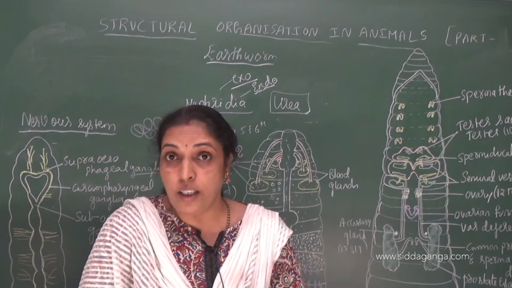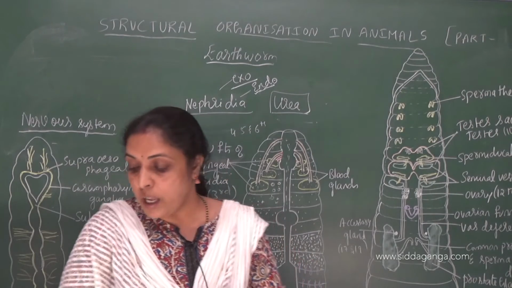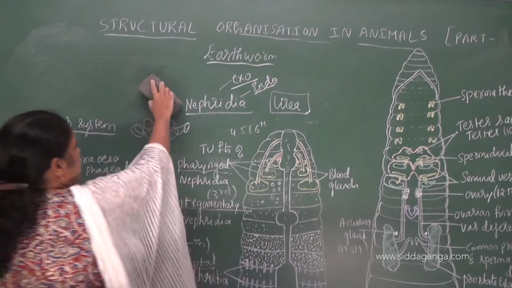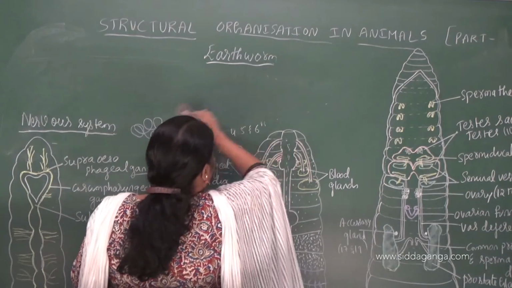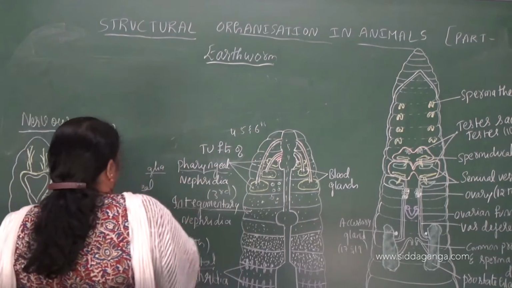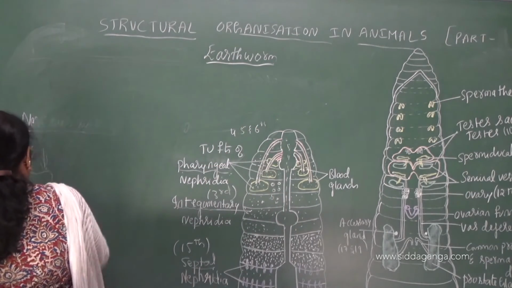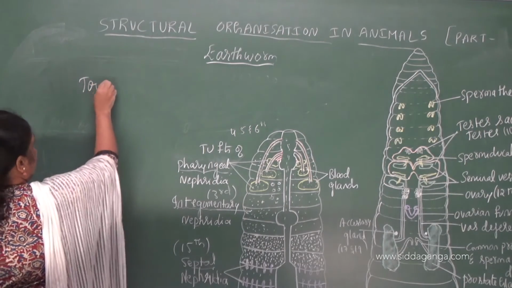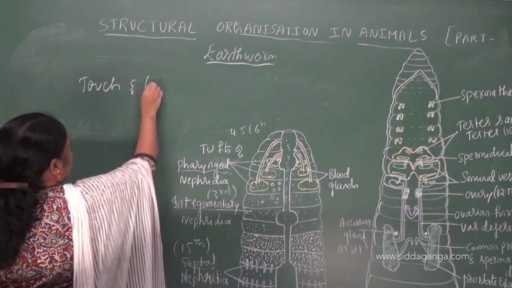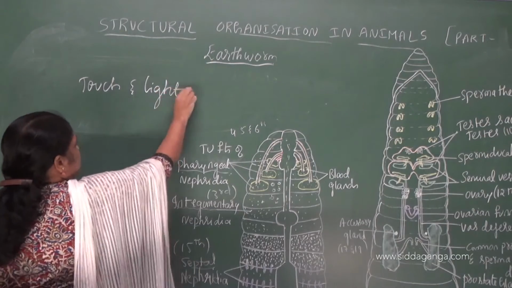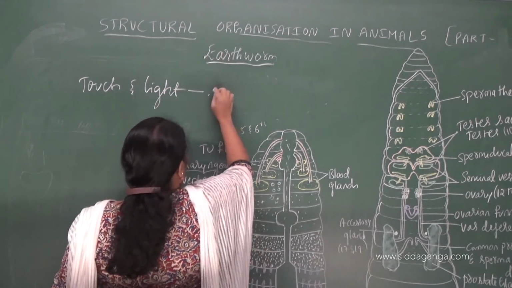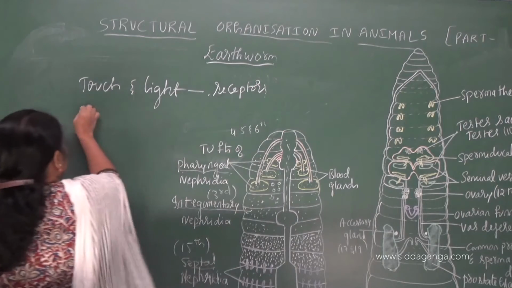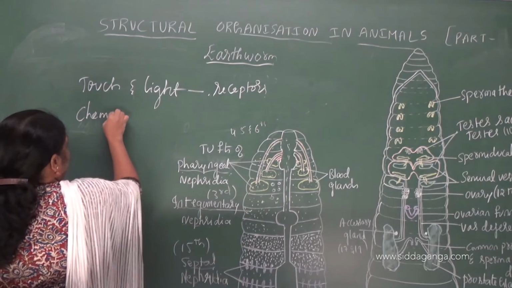Eyes are absent in earthworm, but we see touch and light sensitive receptors. It also has chemoreceptors.